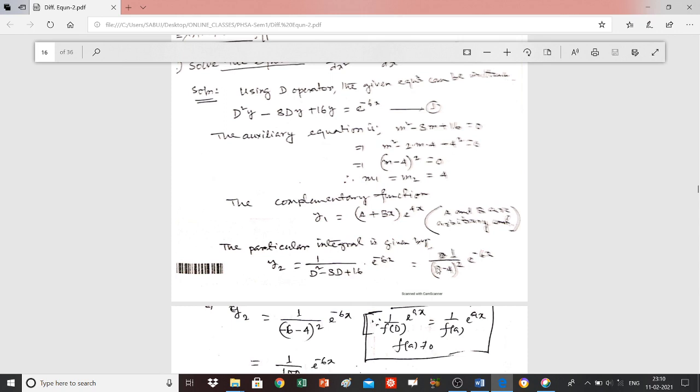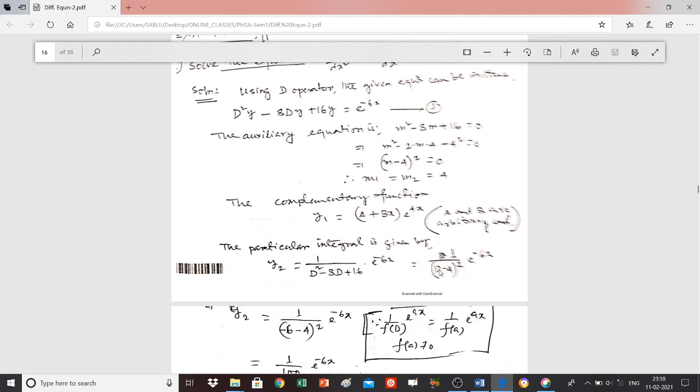And you know that in such cases, this has the form 1 by f(D) e to the power ax. This can be written as 1 by f(a), that means D is replaced by a, e to the power ax, subject to the condition f(a) is not equal to 0.